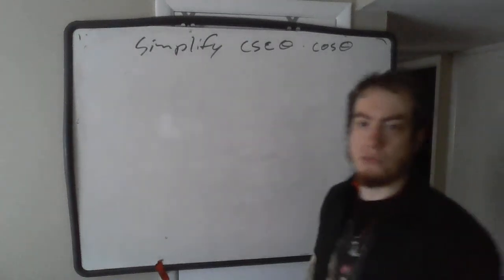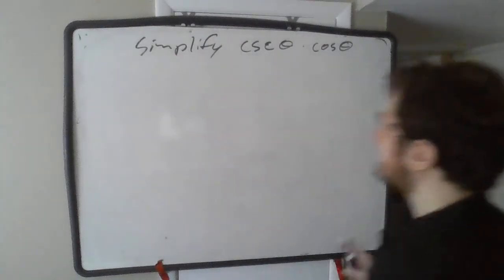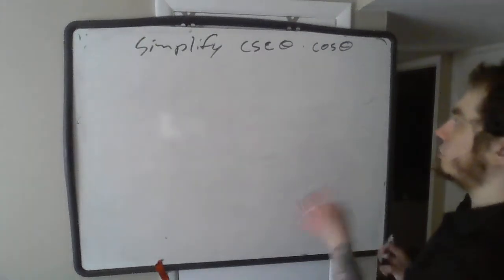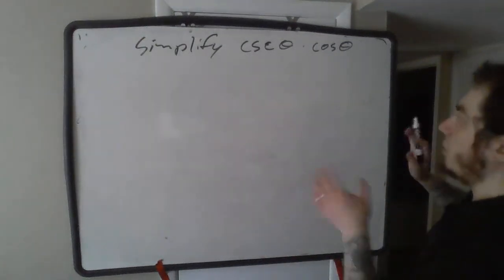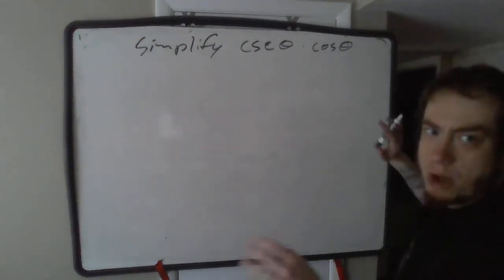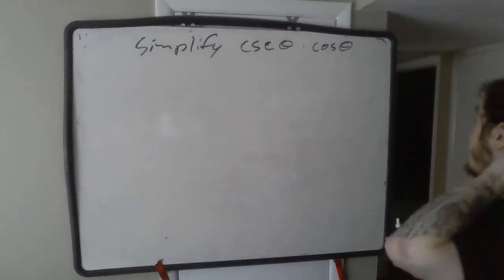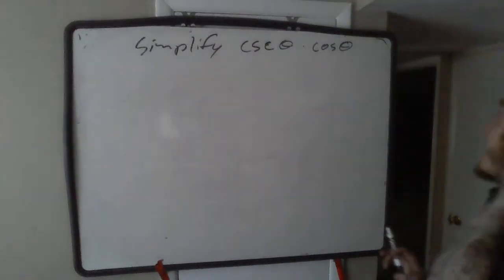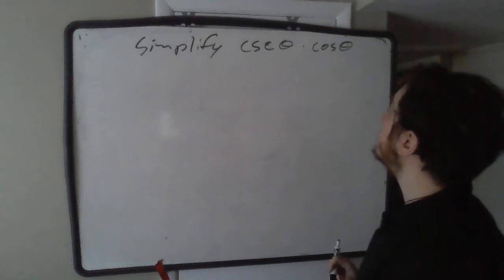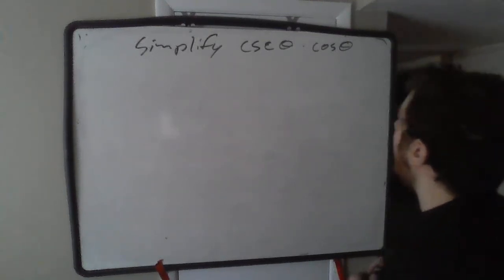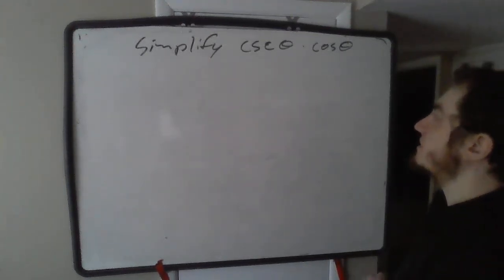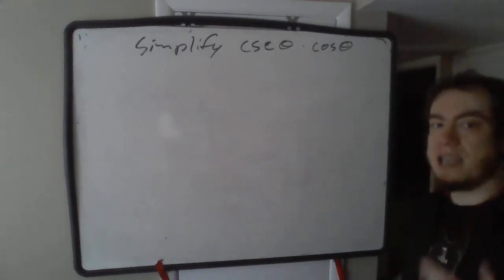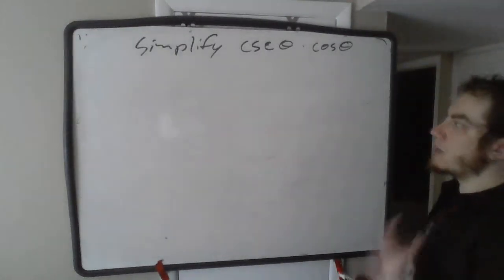And for that reason, there's not just one procedure that I can show you where this is always the way you want to do it. But one thing that I find rather helpful is to think about this sort of thing by rewriting things in terms of sines and cosines. If you can't see anything else to do, rewrite this in terms of sines and cosines.